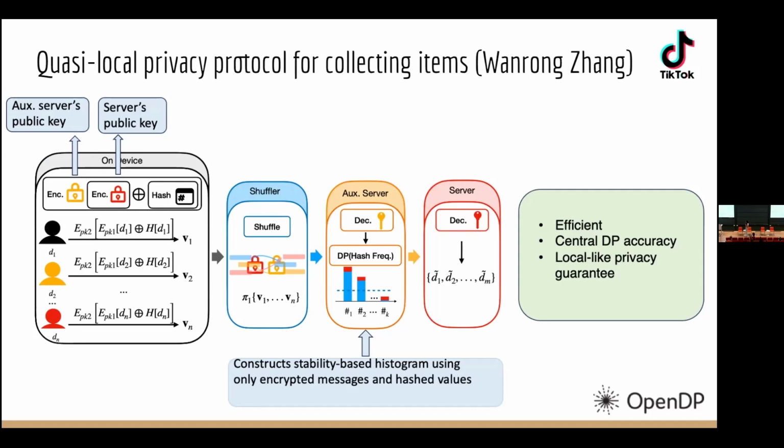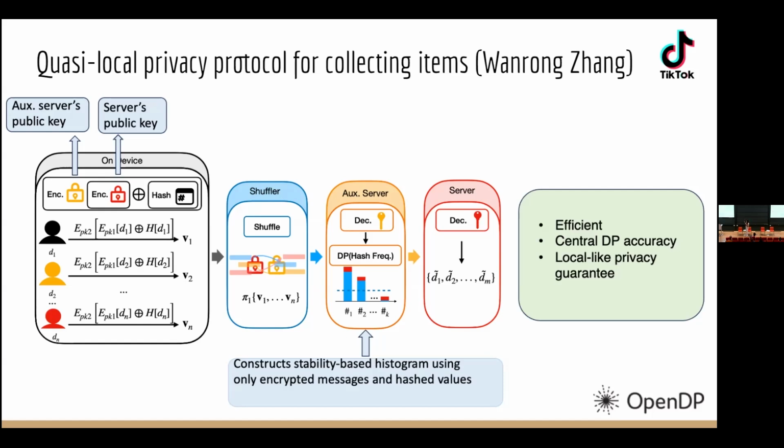Our protocol mainly relies on the stability-based histogram. This stability-based histogram was actually proposed in the central DP setting, but to protect against direct data collection and tracing by the server, we integrate the ESA framework. Basically everything is standard, except we introduce another auxiliary server.